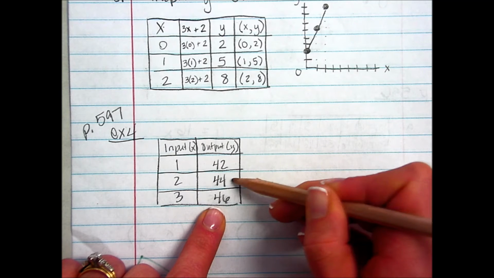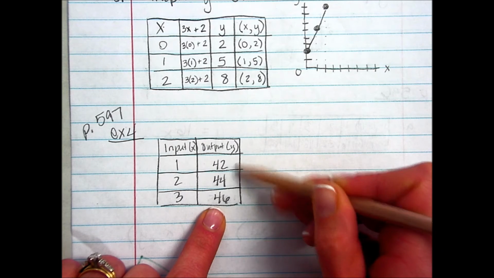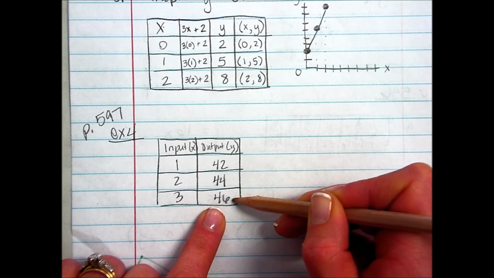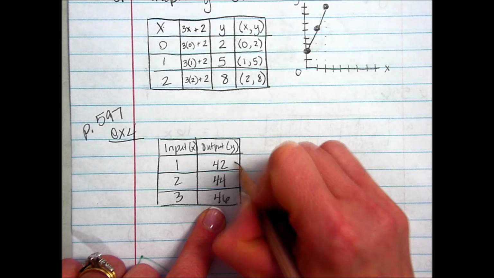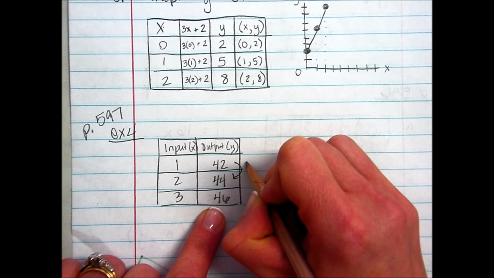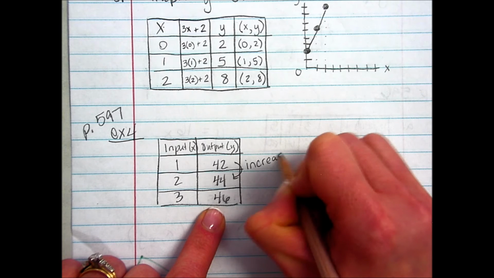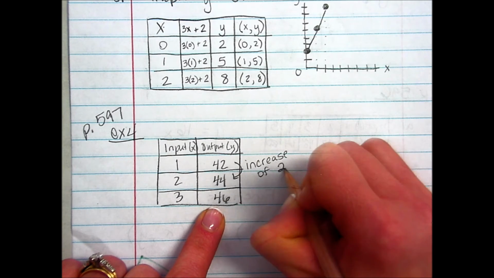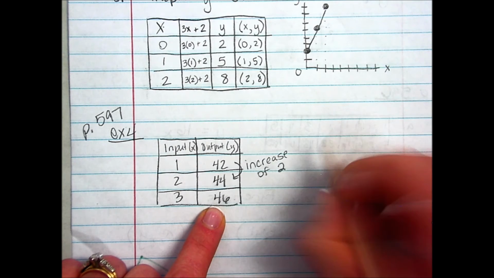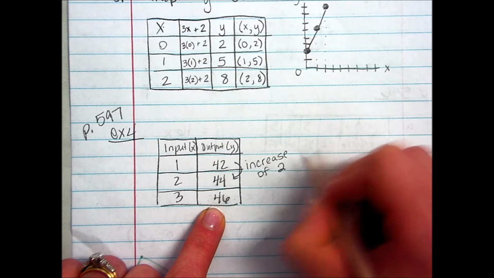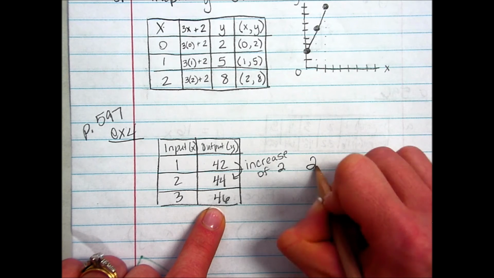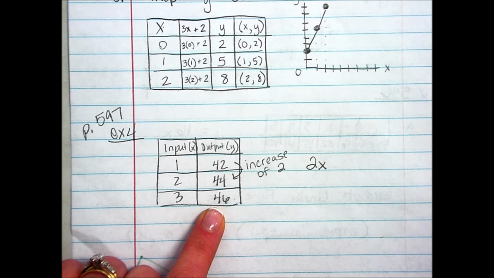What sort of increase do we have here in the Y column, Paige? All right, so from here to here, we have an increase of 2. So that tells me that I'll have a 2 times multiplier in my two-step equation, which would be a 2x. 2 times x.